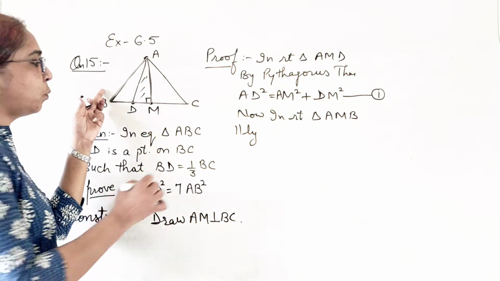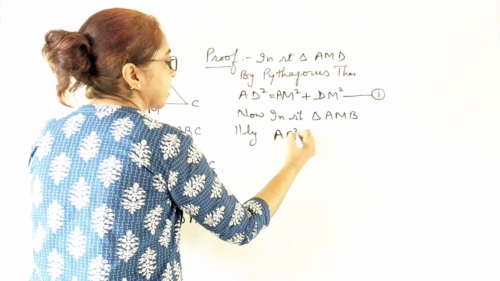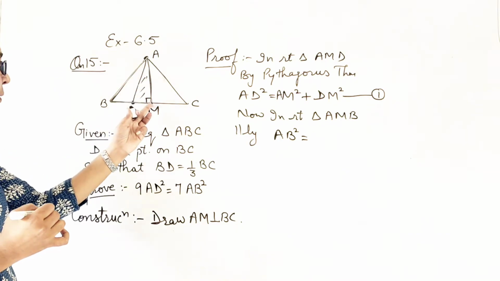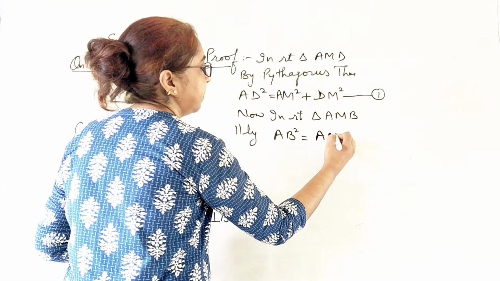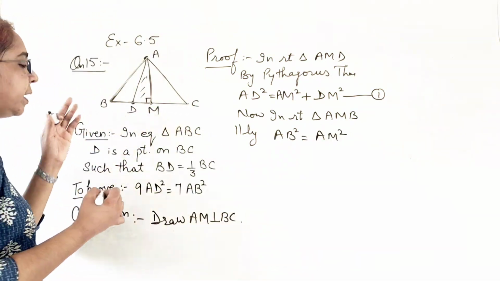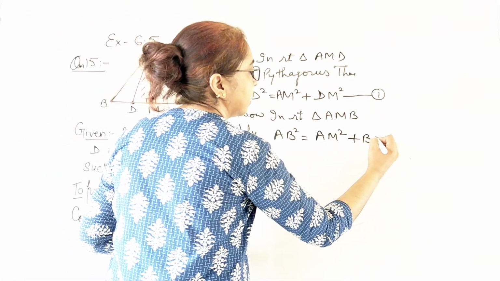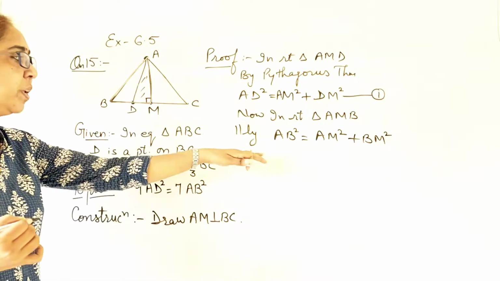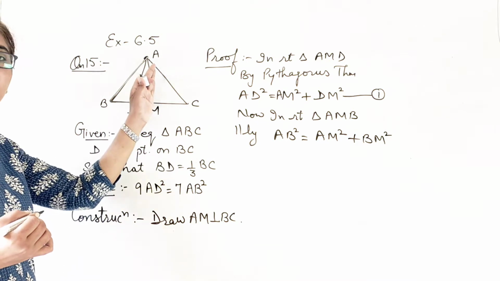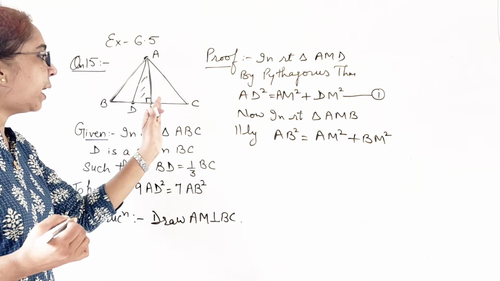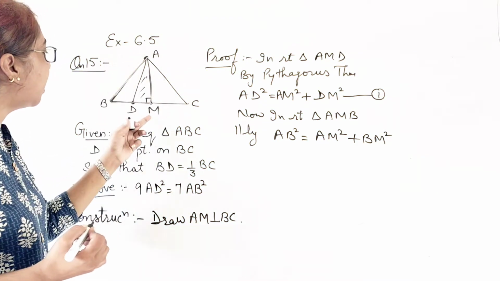What do we get? AB square equal to AM square plus BM square, right? So we get it from the Pythagoras theorem again.